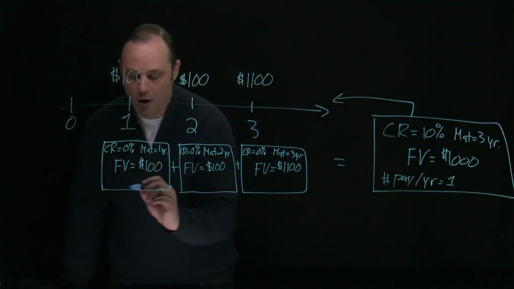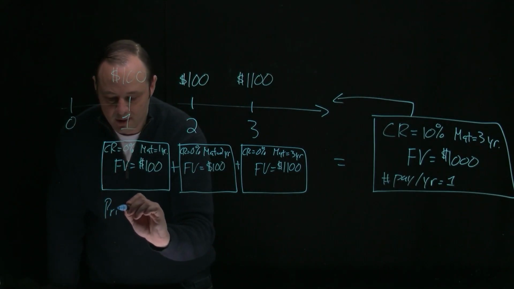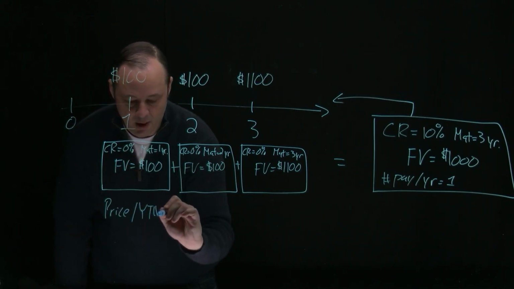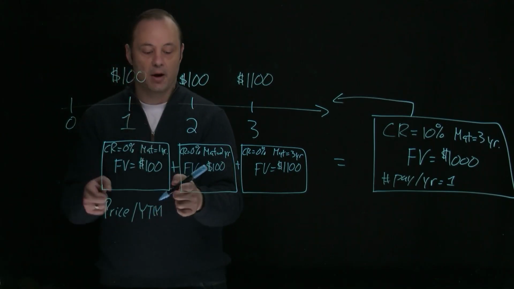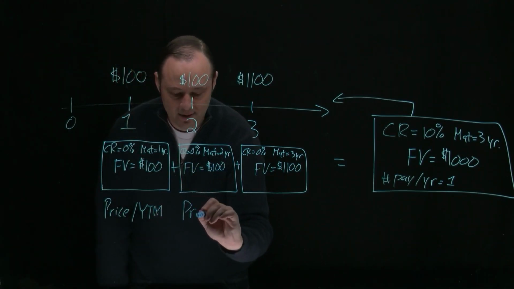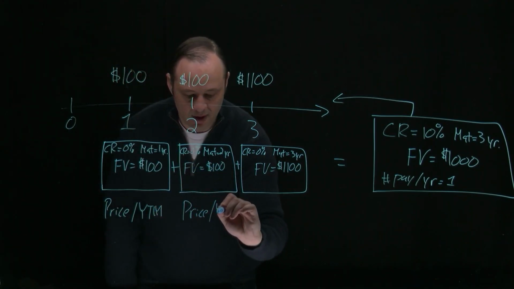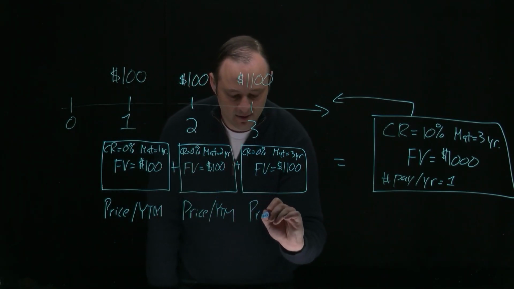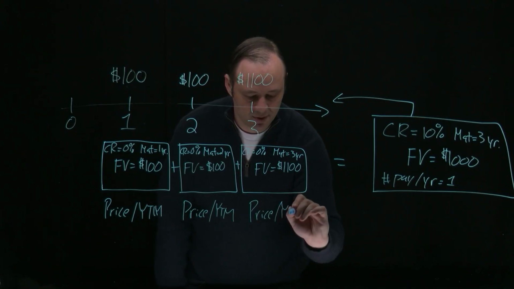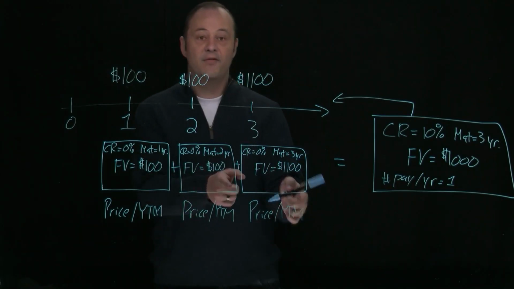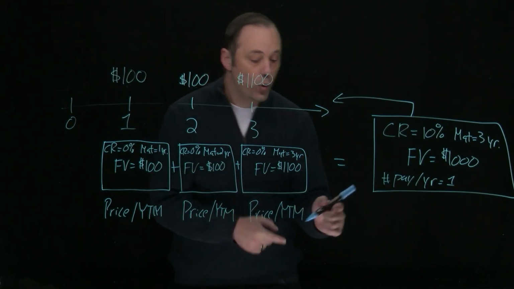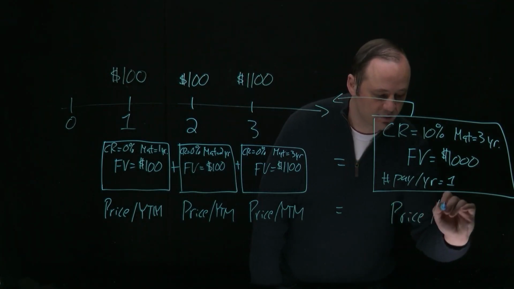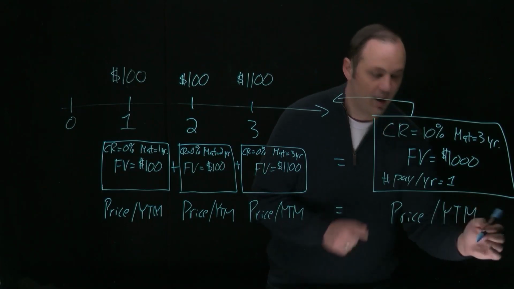So if we know the price or yield to maturity of this bond, the price or yield to maturity of this bond, and the price or yield to maturity of this zero coupon bond, we can end up getting the price or yield to maturity of this bond.